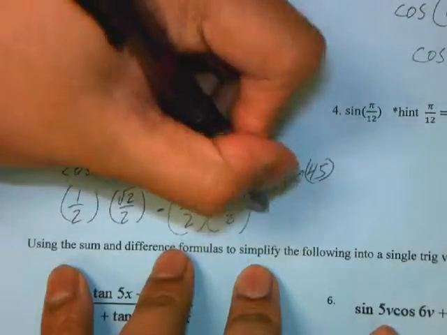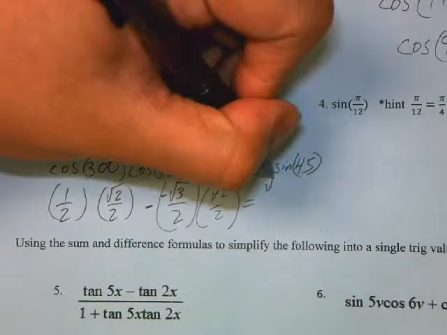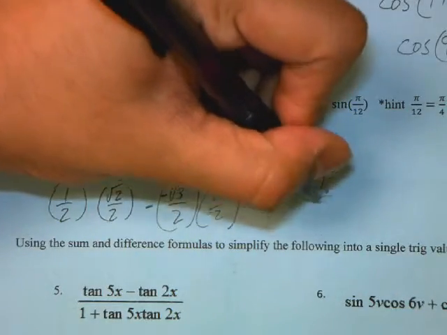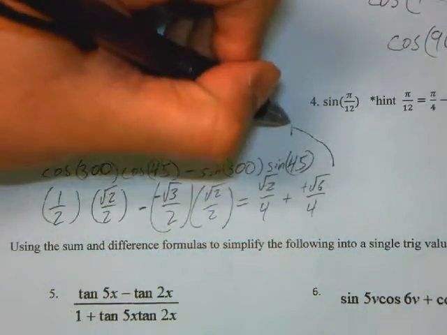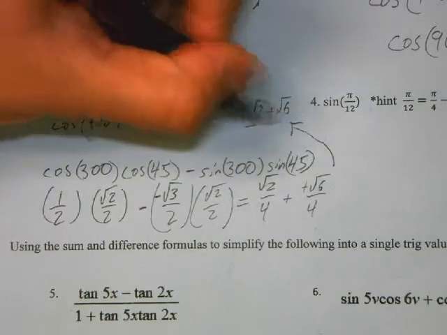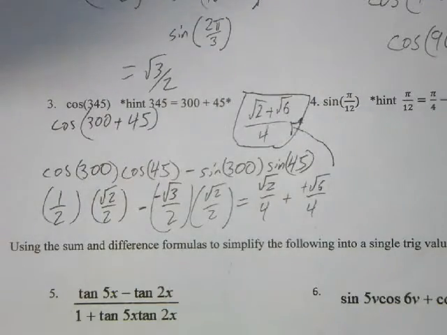Now, if I start to simplify this, these are going to multiply. These are going to multiply. And I'm going to get root 2 over 4 minus negative root 6 over 4. These are going to cancel out. And I'm going to kind of jump up here with my final answer. I just grouped them on a single fraction bar. Okay? Boom. And we've got our answer.